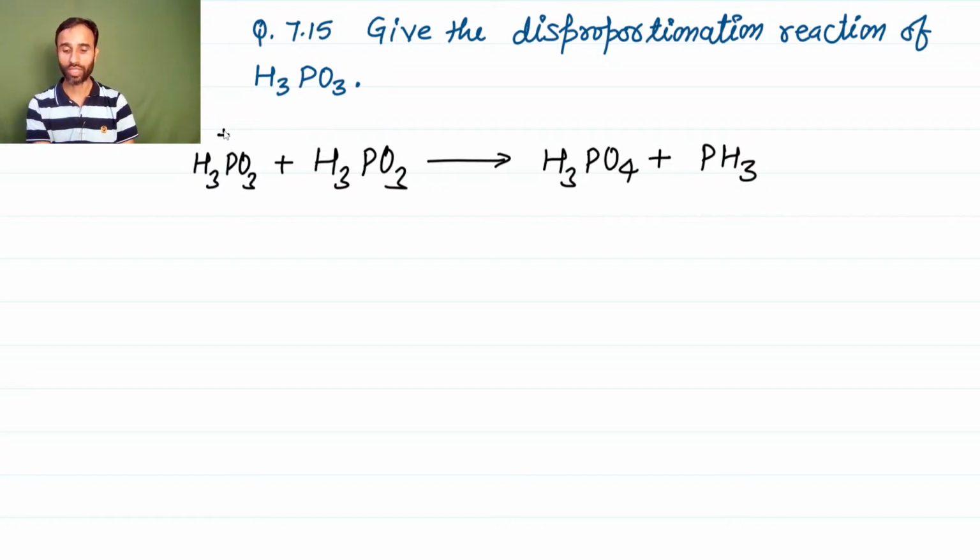So you know, in H3PO3 the oxidation number of phosphorus is +3. In H3PO4 the oxidation number of phosphorus is +5. In PH3 it is -3.